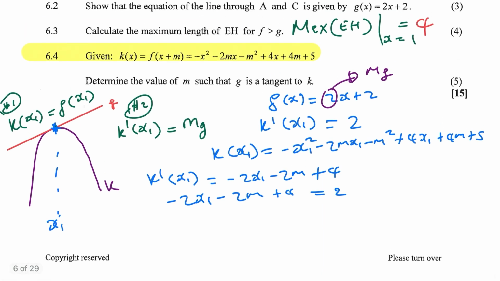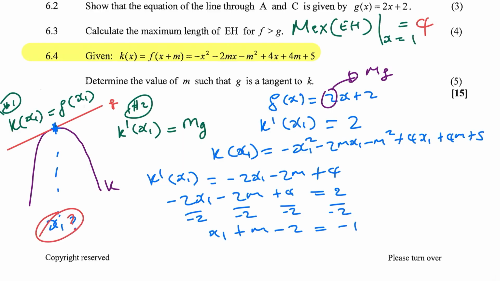Then if I just divide by negative root 2 throughout, just to simplify my equation, this and this will cancel, so you end up with x1 plus m minus 2 is equal to minus 1. Now we're solving for x1 because this is what we're looking for. Then you can substitute it back here to find m.